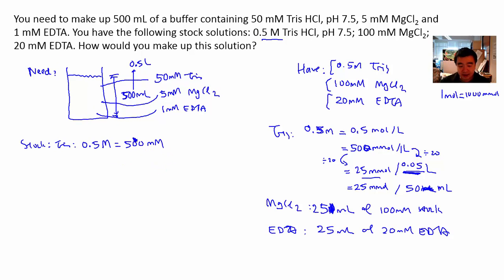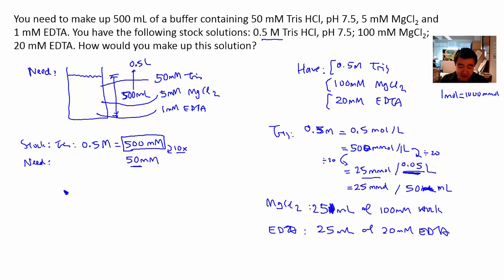Now 500 millimolar, and what we need of the tris is actually 50 millimolar. What you notice is that between the 50 and the 500, there's 10 times in it, which actually means that this stock of 500 millimolar is 10 times more concentrated than the final solution that we need.